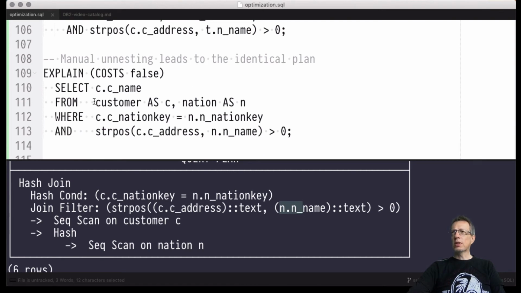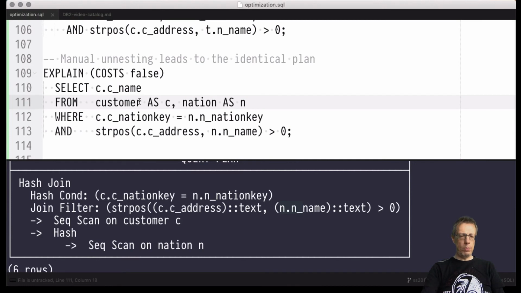You can see that the customer and nation tables are mentioned on the same level now. There is the direct join between the two, and of course I'm referring to the row variable n here, also in the string parse predicate, just like in the plan that we have seen. There is no row variable t, there is no intermediate result anymore. The query has been unnested.